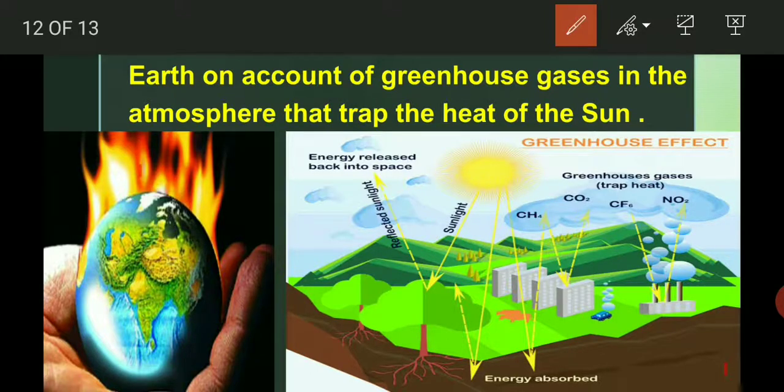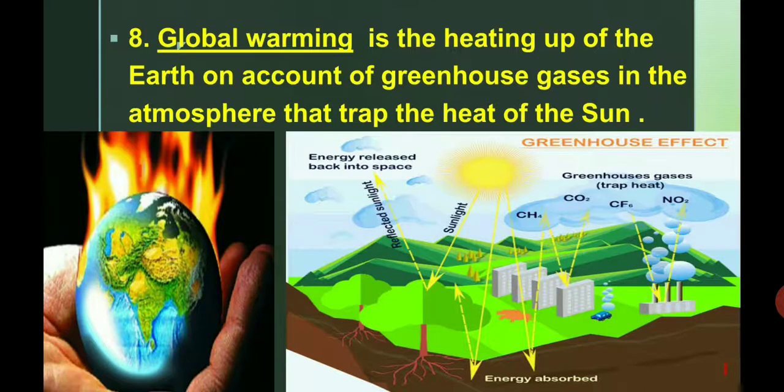Now question number 8, global warming is the heating of the earth on account of greenhouse gases in the atmosphere that trap the heat of the sun.